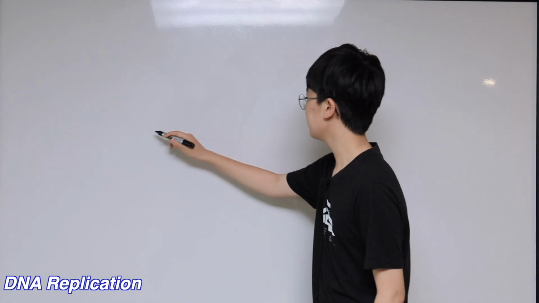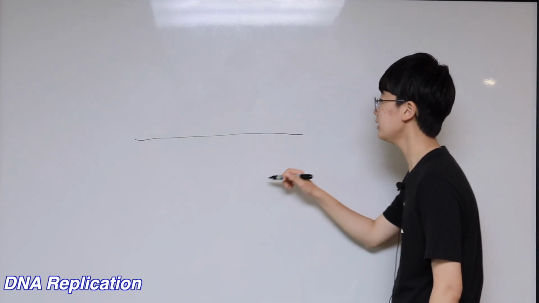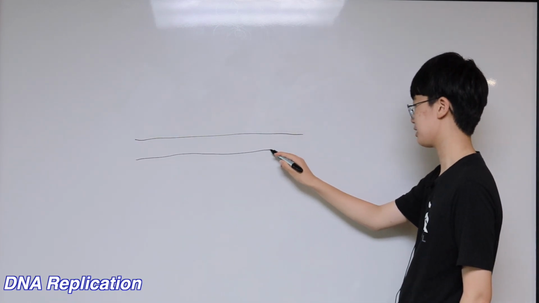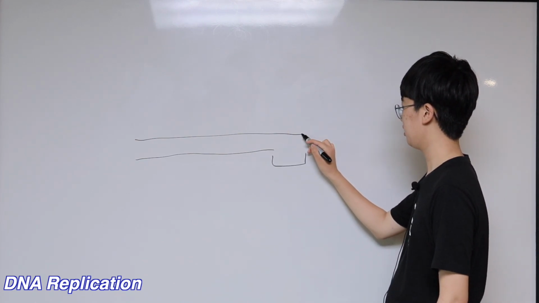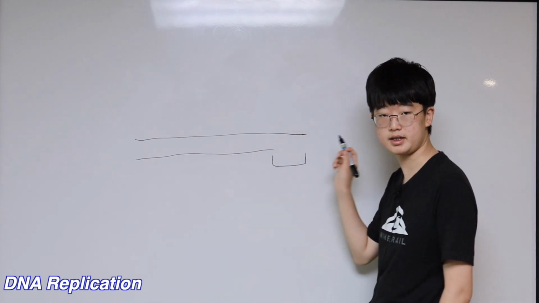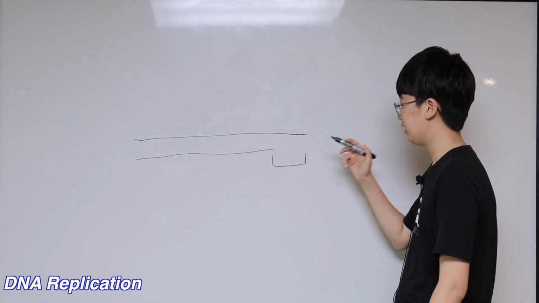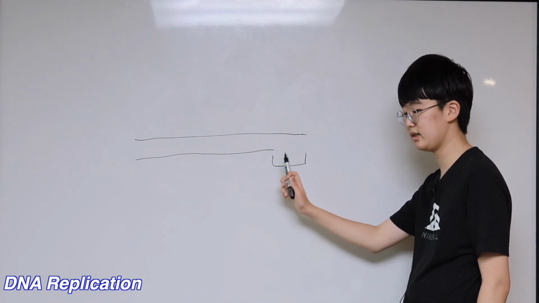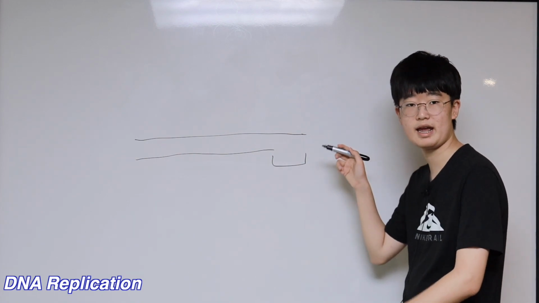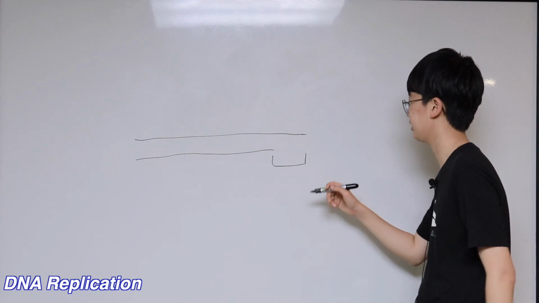Let's say this is the original DNA and this is the newly synthesized DNA, but it is this short. Let's say this is the lagging strand. There needs to be an RNA primer to proceed, but it is too short for the RNA and the whole Okazaki fragment to fit in here.